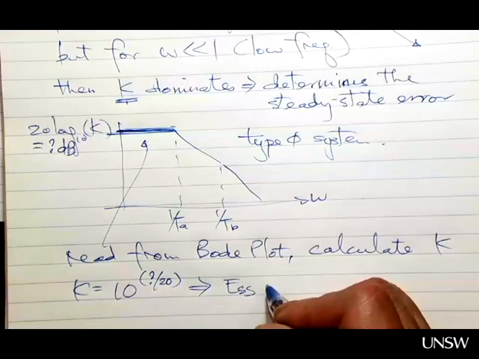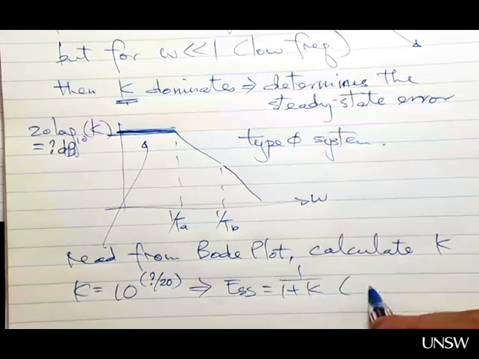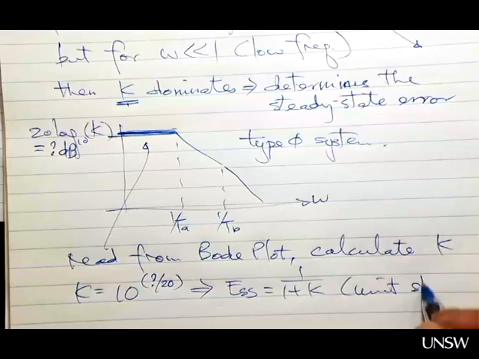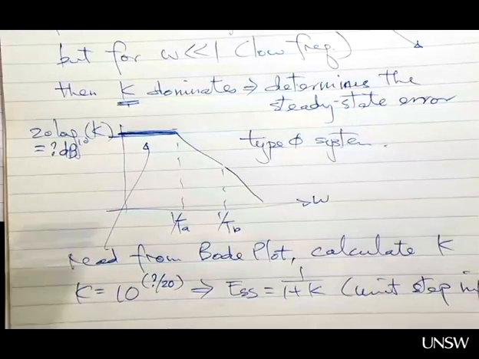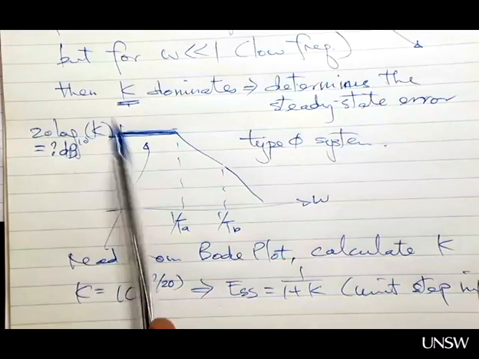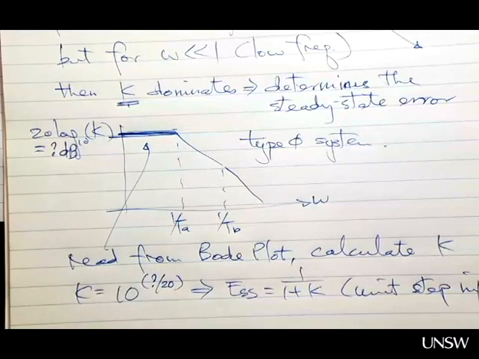For example, equals 1 over 1 plus K for a unit step input. So we can make use of the Bode plot in this manner to find K, and then we can infer the steady state error.